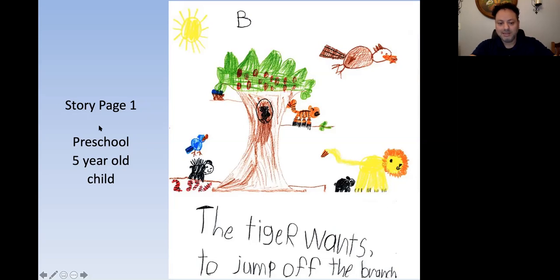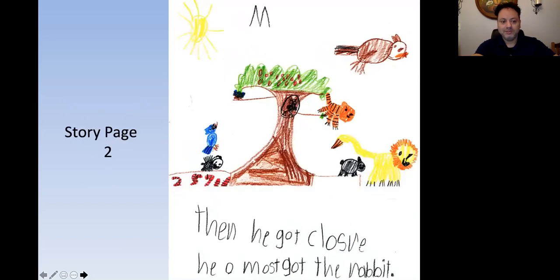On the left side, you see the mama blue jay, and the baby blue jays that are on top there. The quantity of the apples and the owl inside the tree, the tiger that's on top of the branch with its patterns. And so forth. We move on to page 2.